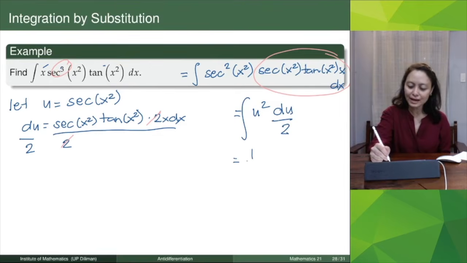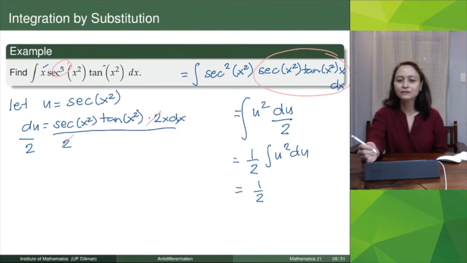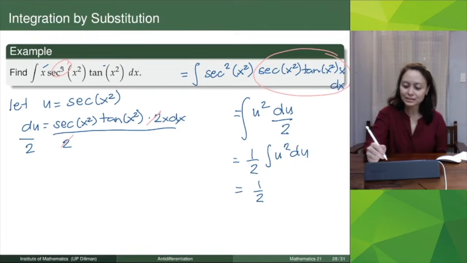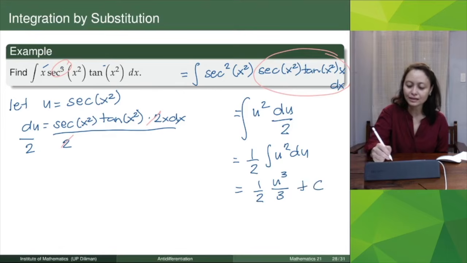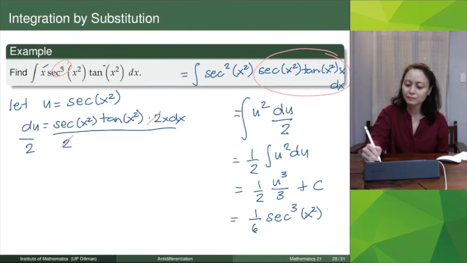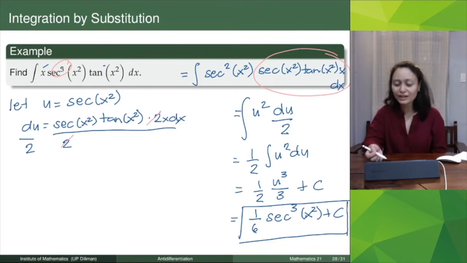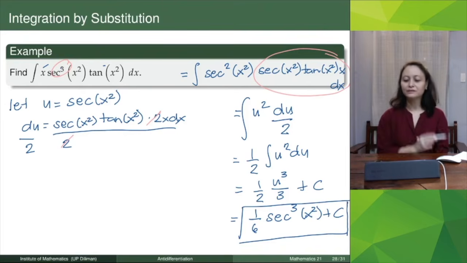So, take out 1/2. 1/2 antiderivative of u square du is equal to 1/2 antiderivative of u squared. 2 plus 1 is 3. U cubed over 3 plus c. Or this is equal to 1/6. Ang u ay secant. So, secant cube of x squared plus c. Okay, if you have time, sige, check nyo. Ang derivative ba nito ay ito?